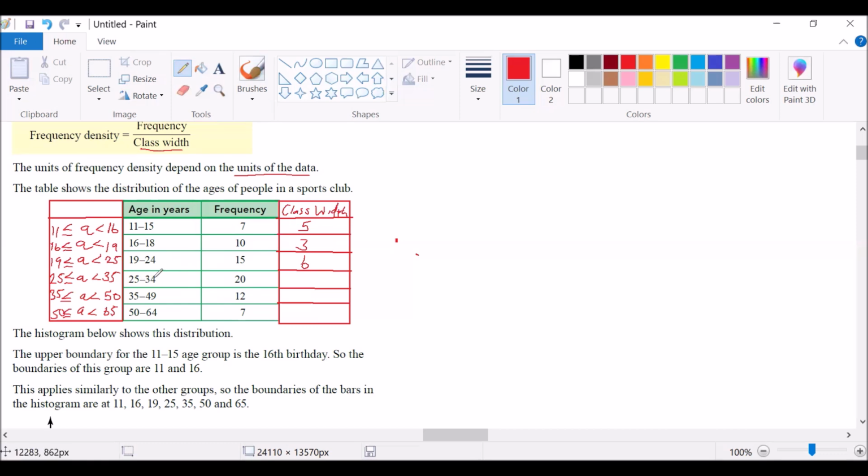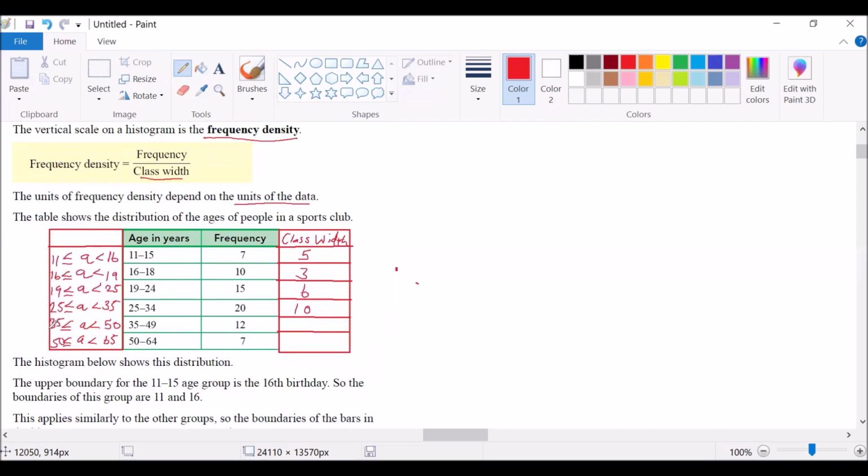Then our class width is 35 minus 25, which is 10. Then 50 minus 35, which is 15. And for the last age group, our class width is 65 minus 50, which is 15.